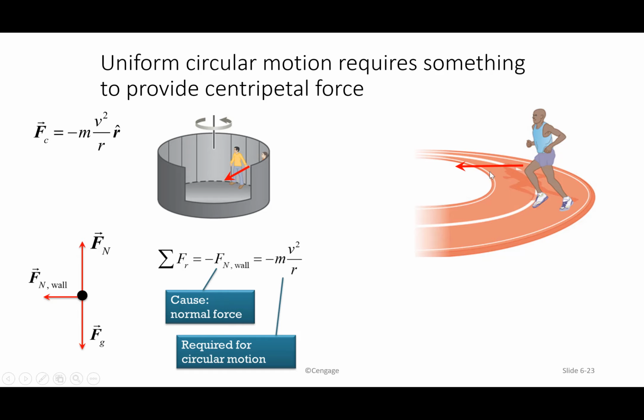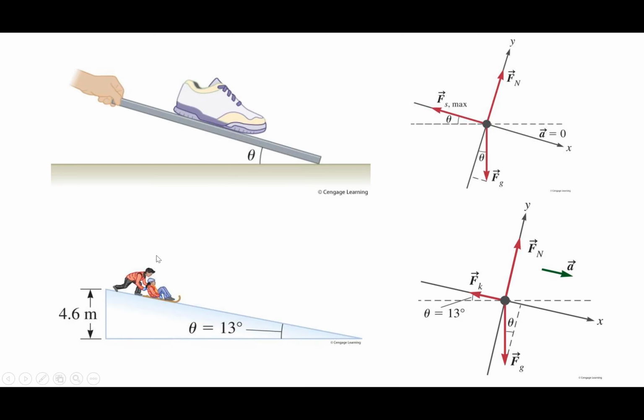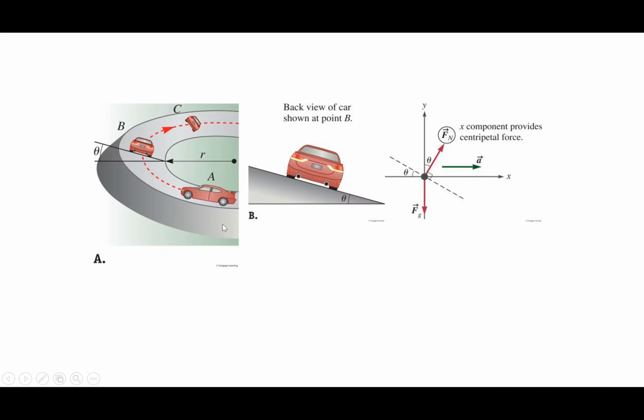So anytime I'm running around a curve, I'm going to get that center pull motion. So we can look at our free body diagrams for the tennis shoe on the system. I've told you before, we like inclined planes, and so we can write our different force diagrams for these inclined plane options. And then finally, our banked car turns.